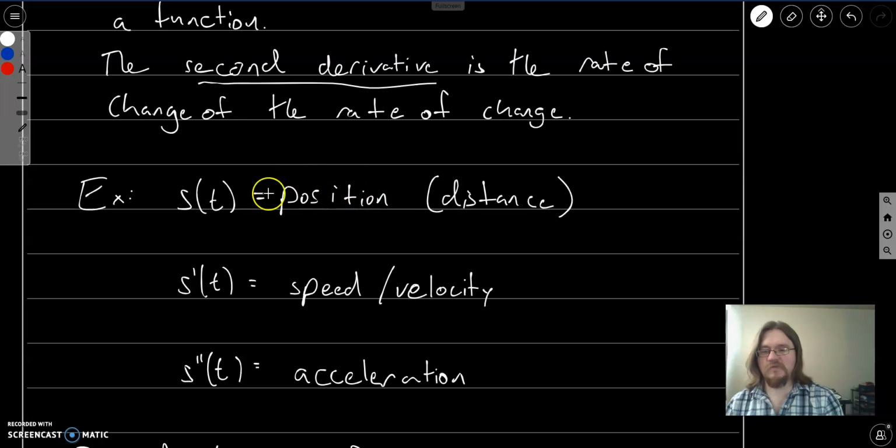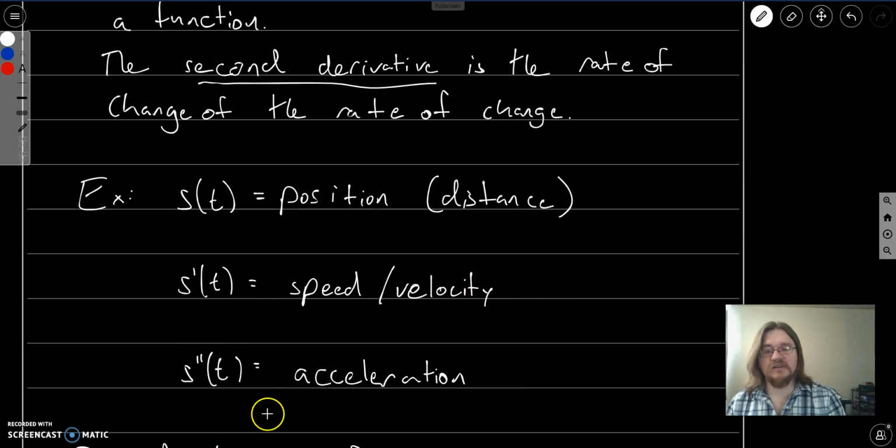So if we have position, we can describe something's position. If we know its position at all times, we can calculate its velocity. We can see exactly how fast it's going at any time. And if we know exactly how fast it's going at every time, we can then calculate its acceleration. We can know how that speed is changing.